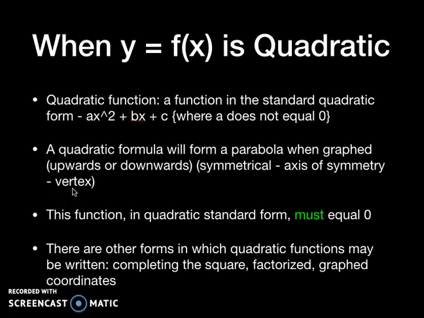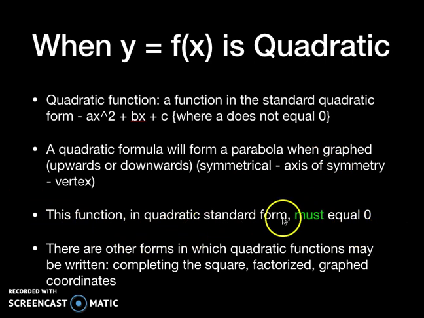The quadratic formula, which you will probably learn about, is negative b plus or minus the square root of b squared minus 4ac, over 2a, and the axis of symmetry is negative b divided by 2a.